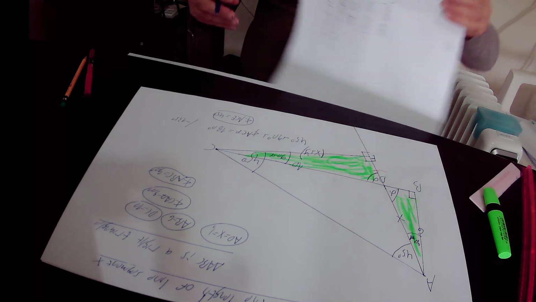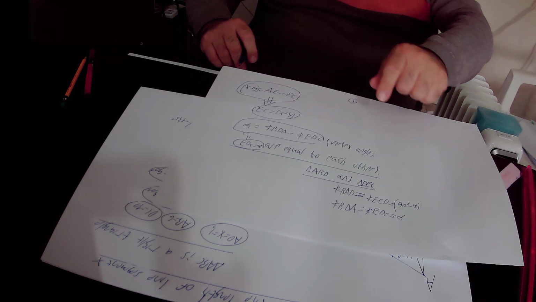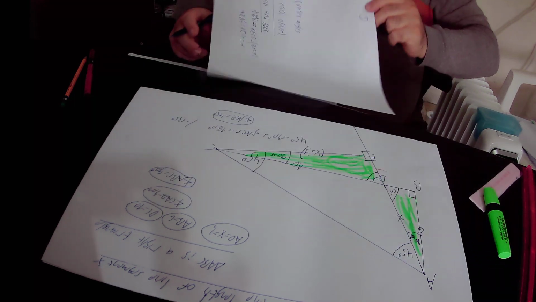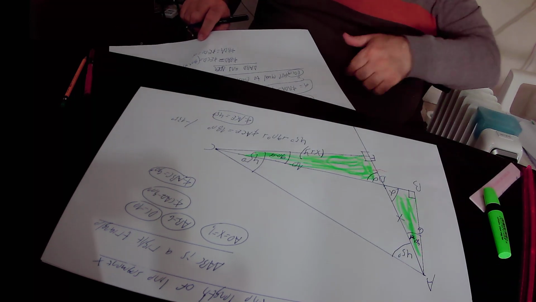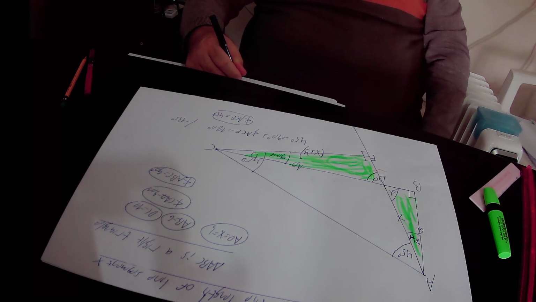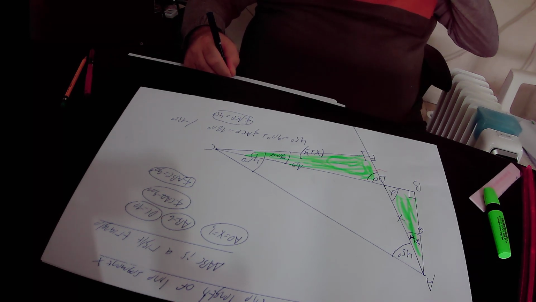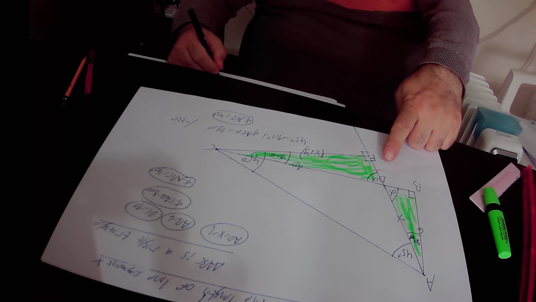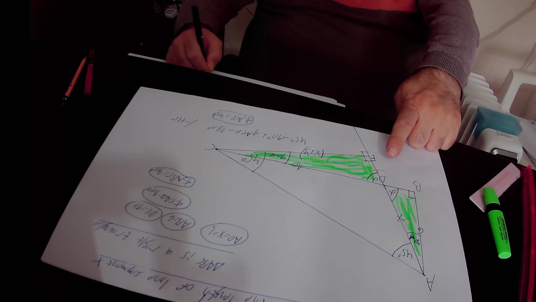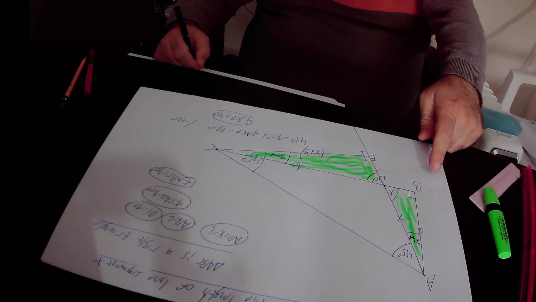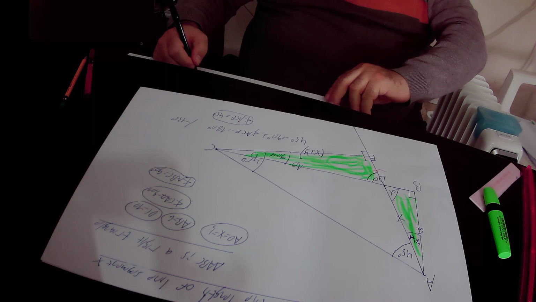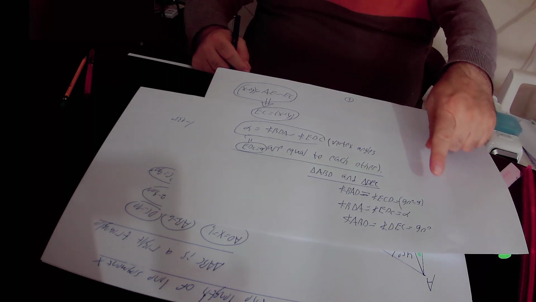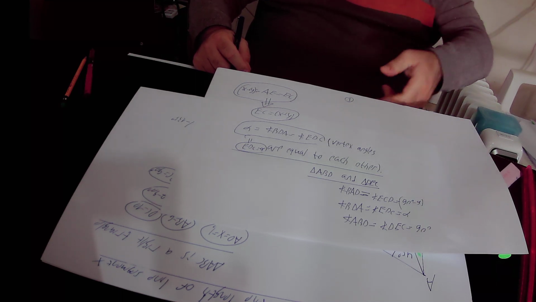Angle BDA equals angle EDC, and they are both equal to alpha. And we have angle ABD equal to angle DEC, and both angles are equal to 90 degrees.